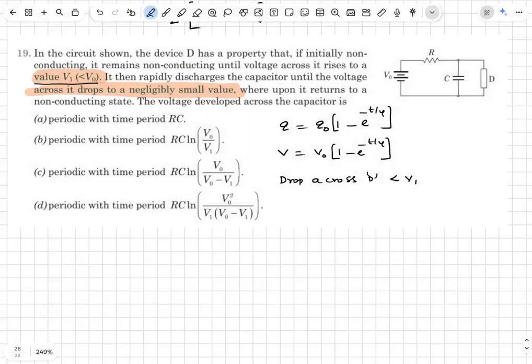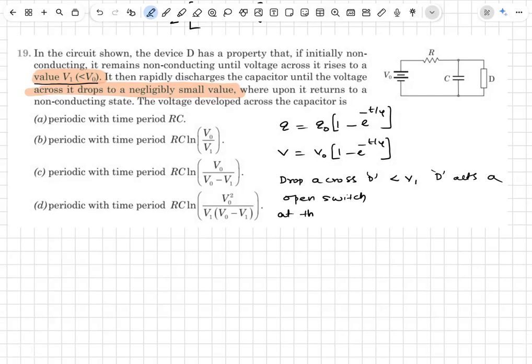But now the issue is, the moment the drop across D is less than V1, D acts as an open switch.